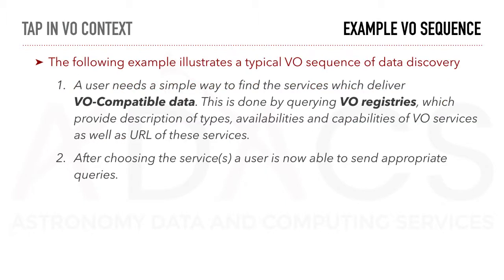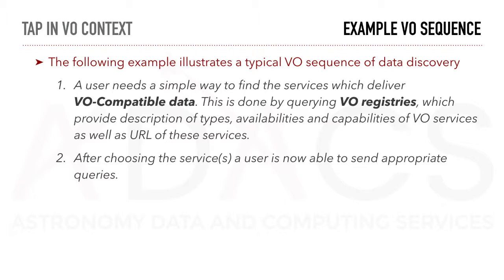To put this in context, the following example illustrates a typical VO sequence of data discovery. The user needs a simple way to find the services which deliver VO-compatible data. This is done by querying the VO registries, which provide descriptions of types, availabilities, and capabilities of VO services, as well as the URLs of these services.